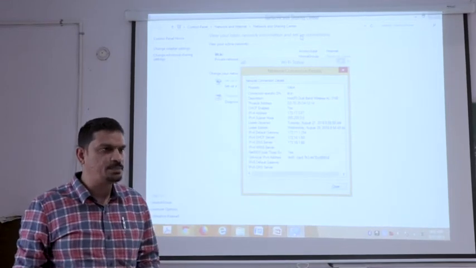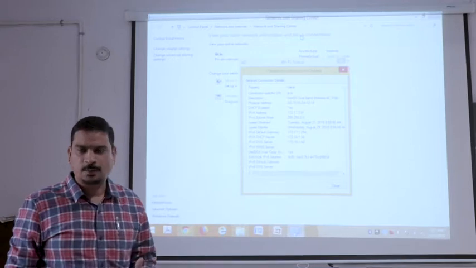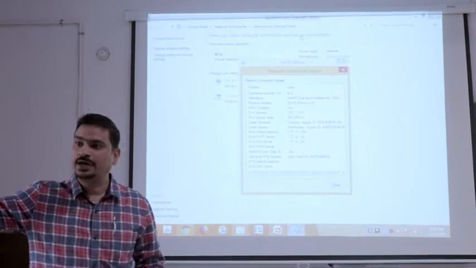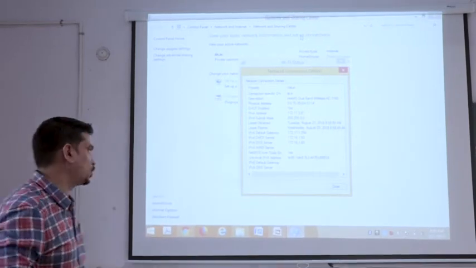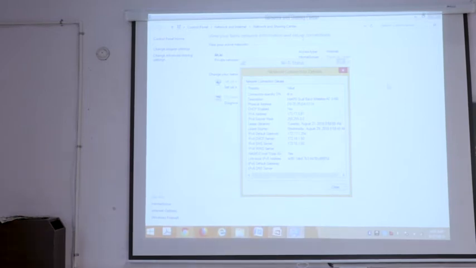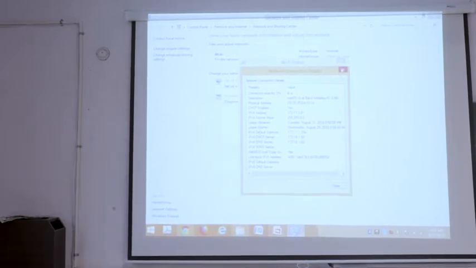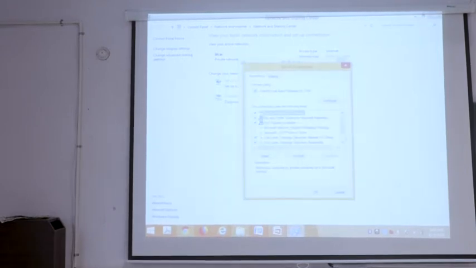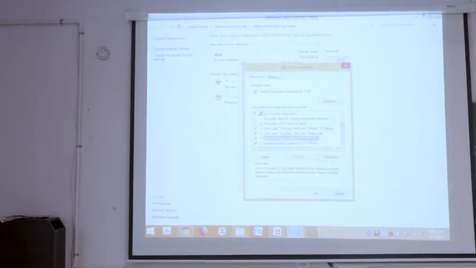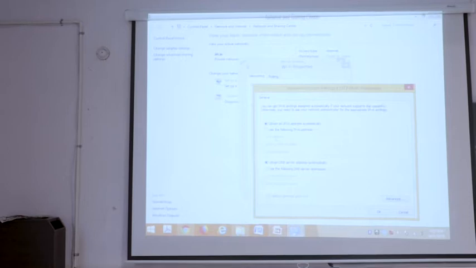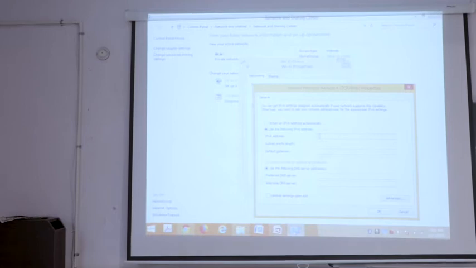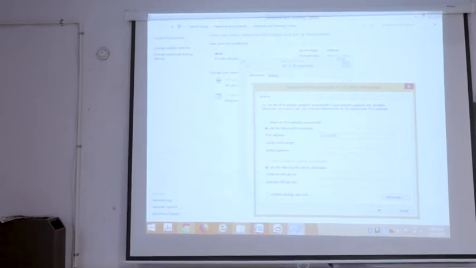So nowadays I can use IPv6 type of addresses. In IPv6 addresses, how many bits? 128 bits. So have you seen this? Here how many bits we can use for the addresses, right?